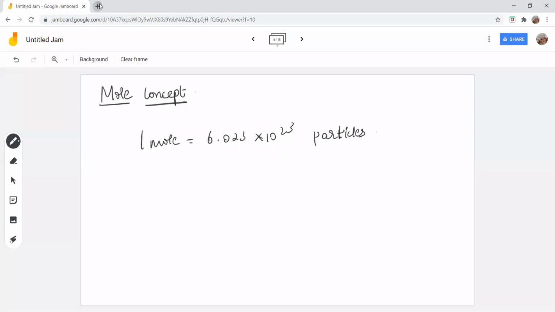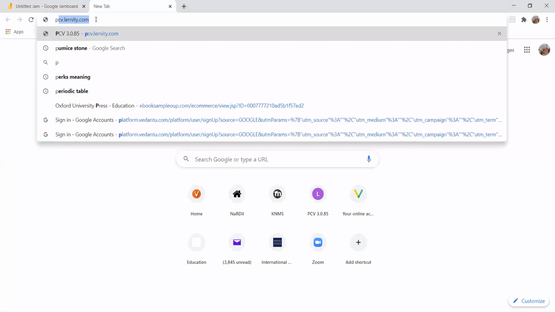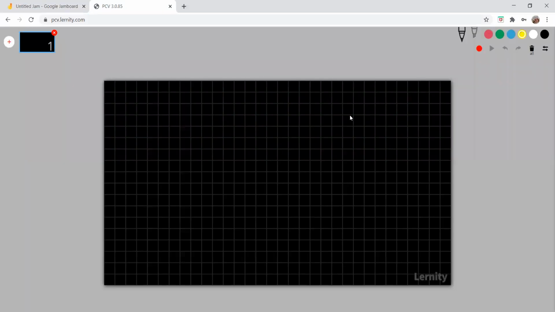One minute, let me open PCV. So we were talking about mole concept. In that, 1 mole is equal to 6.023 into 10 power 23 particles. Correct?